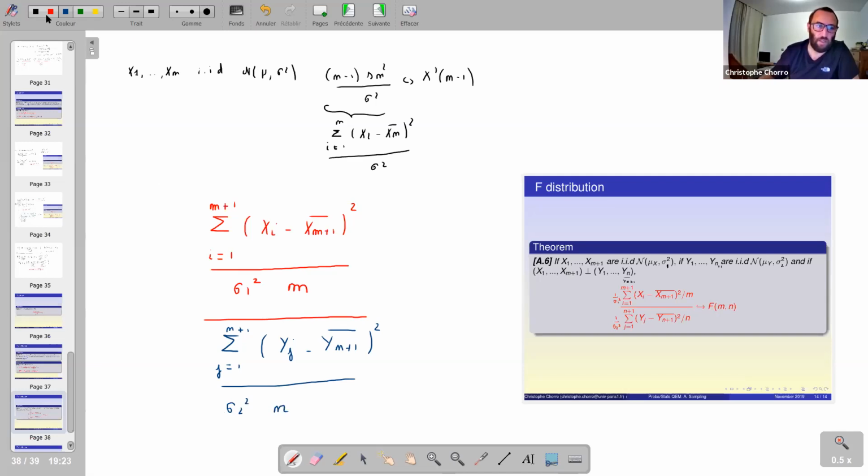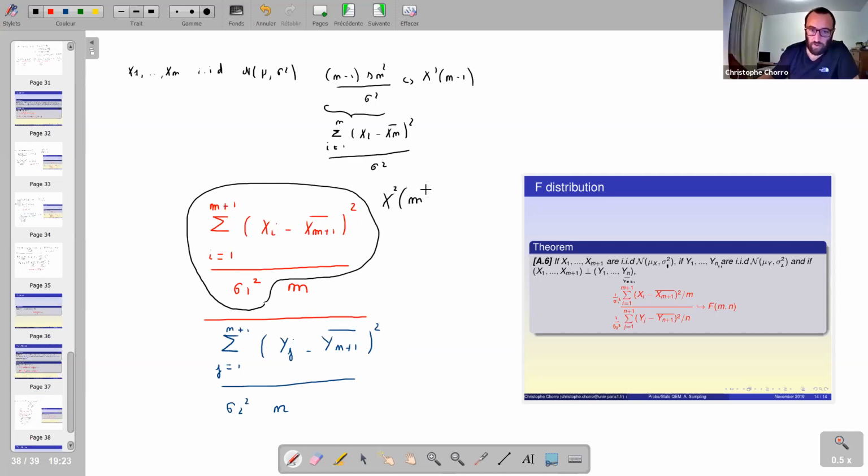Okay? What do I know from this result? I know from this result that here you have a chi-square of parameter m. From this result, you also have here a chi-square of parameter n.